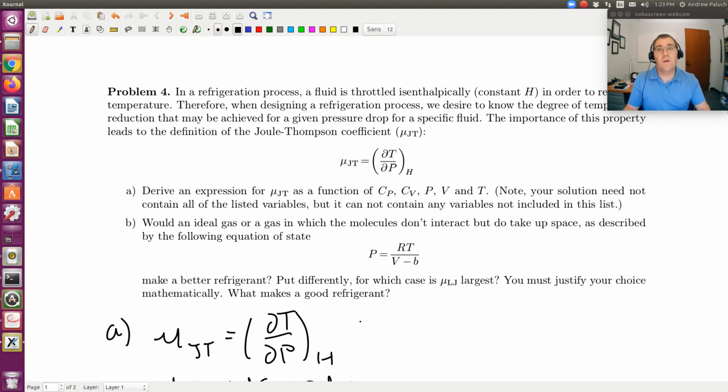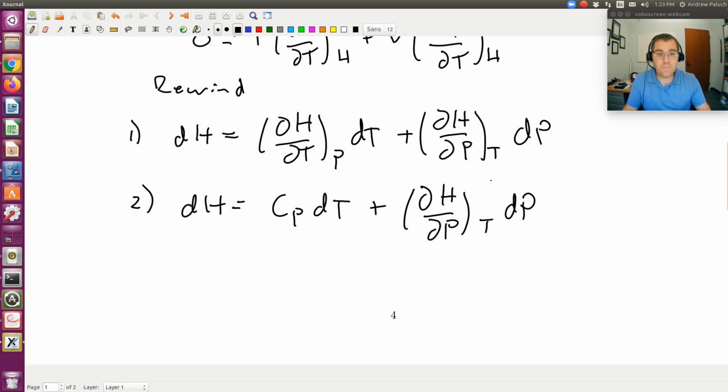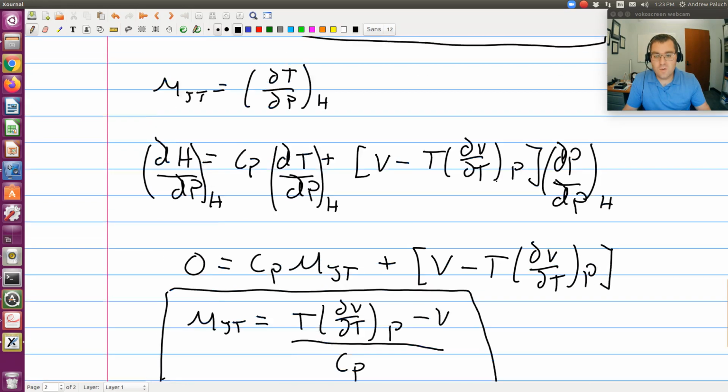The greater the temperature drop for a given pressure drop, the larger the value of mu_JT. So you might say the bigger the mu_JT, the better the refrigerant. There are lots of other things to consider when designing a refrigerant, but just for argument's sake, the bigger the value of mu_JT, the more refrigeration power. So let's do it.